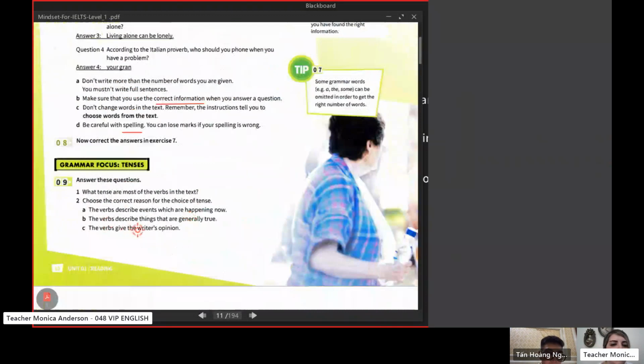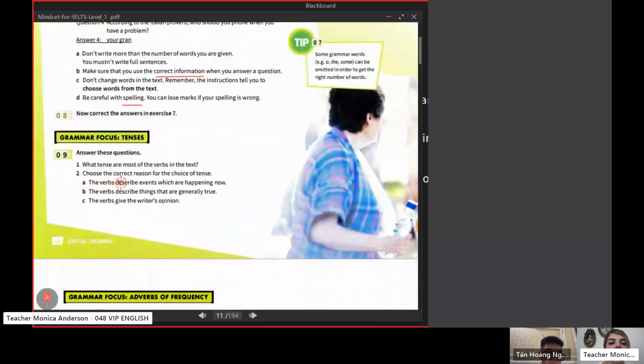Choose the correct reason for the choice of tense. Why? Let's see.